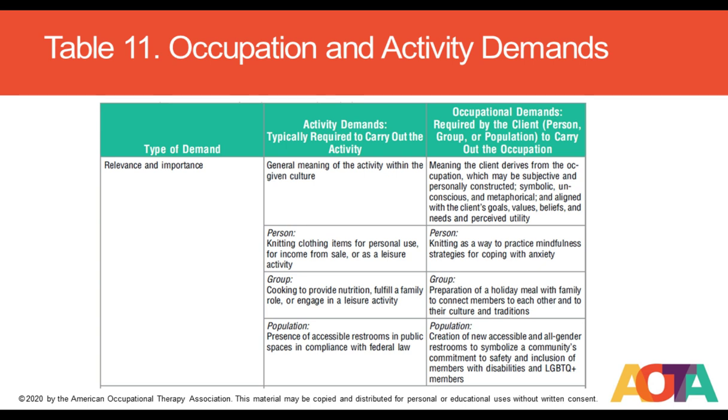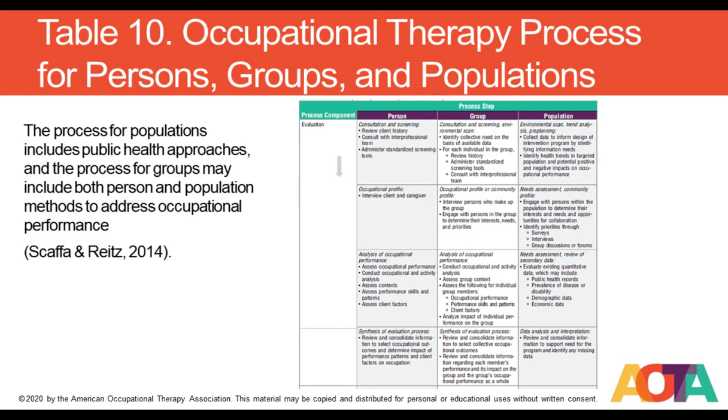Table 11 highlights the difference between activity and occupation specific to the relevance and importance, and this slide captures a section of Table 11. Additionally, as you can see in this table, there are examples of activity demands and occupational demands at the person, group, and population level. And these categories of examples are throughout the full table.